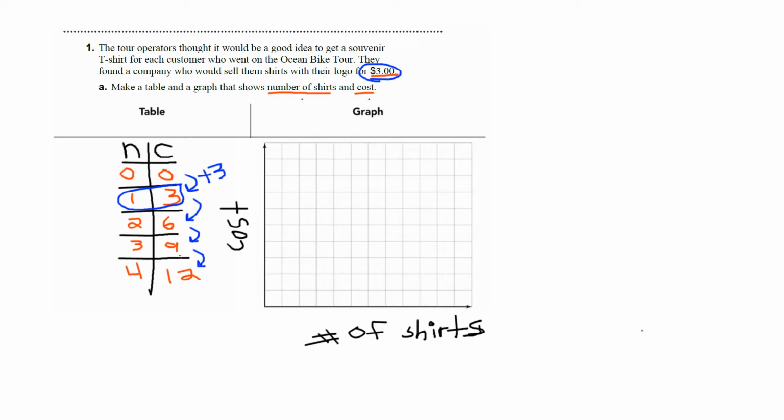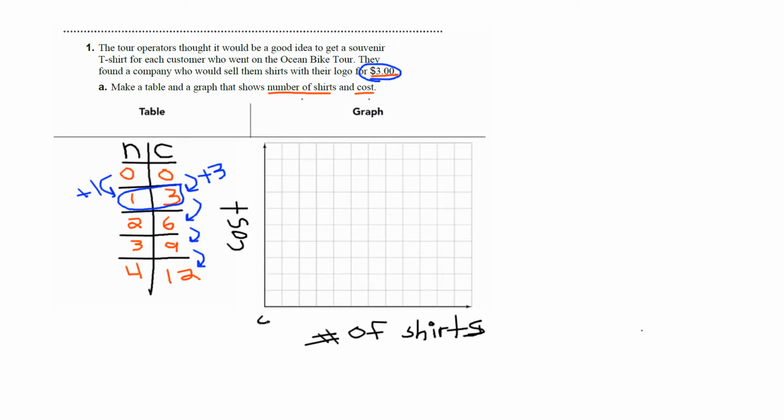This tells us that our line is going to be a straight line. And you'll always see your unit rate as the constant increasing amount on the right side of the table, as long as it's going by plus 1 on the left side, which in this case it is.